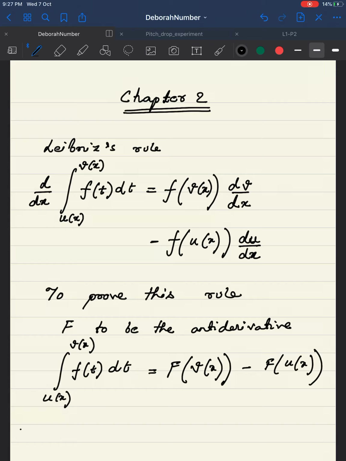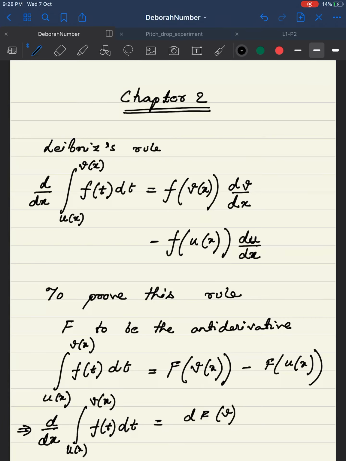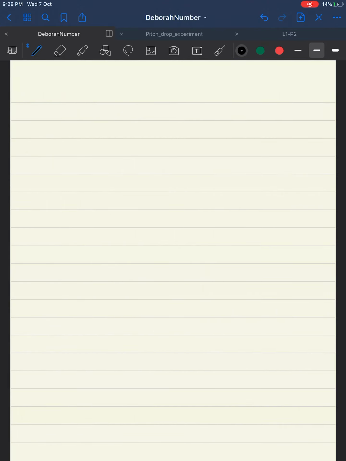So now if I take the derivative of my left hand side, then you end up with the derivative of F. So this is v, but this is v of x, so I should just write the whole thing, dF(v(x))/dx minus dF(u(x))/dx, which is, by applying the chain rule, you can straight away write.